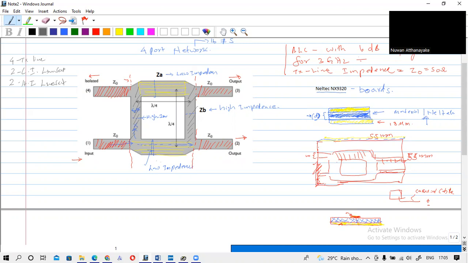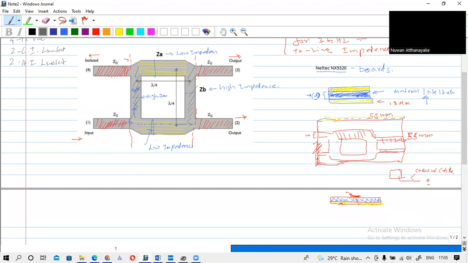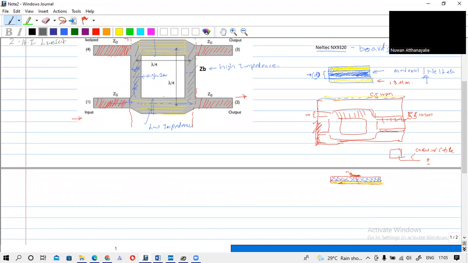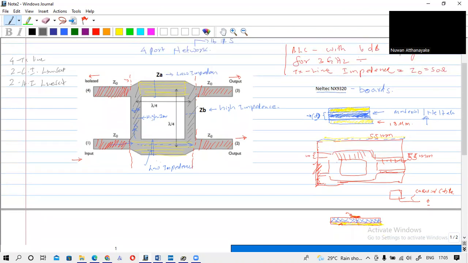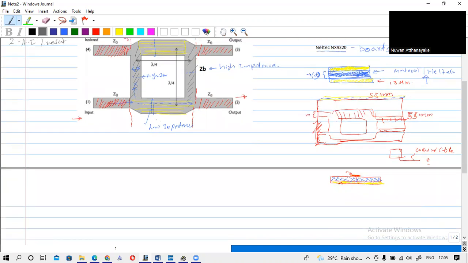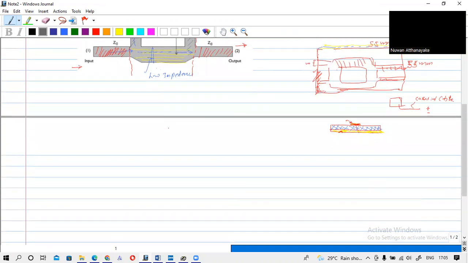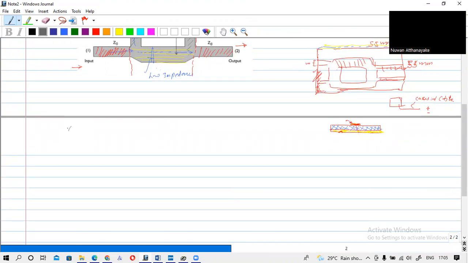Okay, so we will see. Now I think you have a general idea about this branch line coupler. Then we will move to our design. As I told you, our coupler has a 60 dB coupling factor.